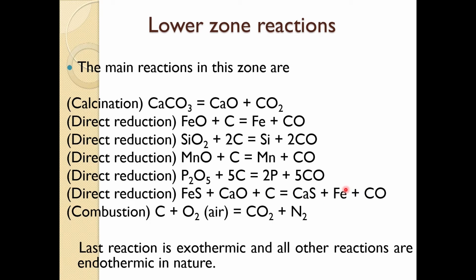The combustion also occurs in this region, and this is the oxidation, and as it leaves the raceway region, it reacts with the remaining carbon and forms CO. This is the only reaction which is exothermic and produces quite a lot of heat, but when it reacts with excess carbon, CO2 plus C equals 2 CO, that is again an endothermic reaction. So one has to see the net heat released from that reaction.